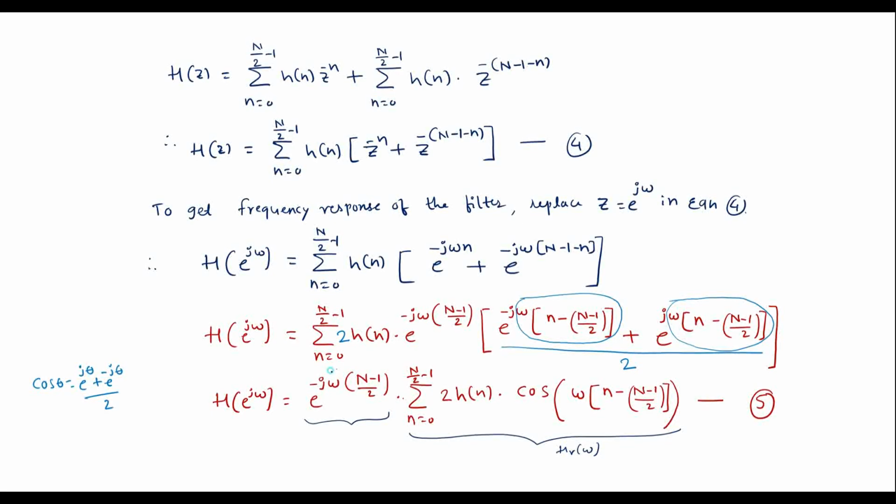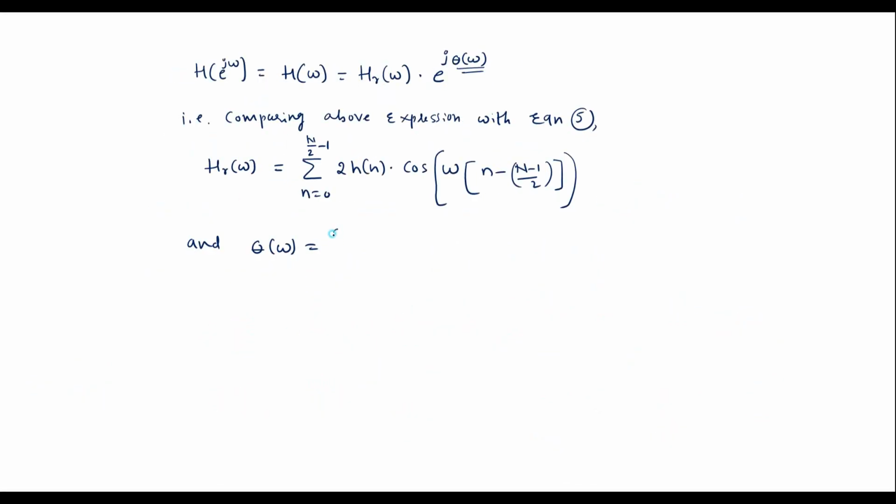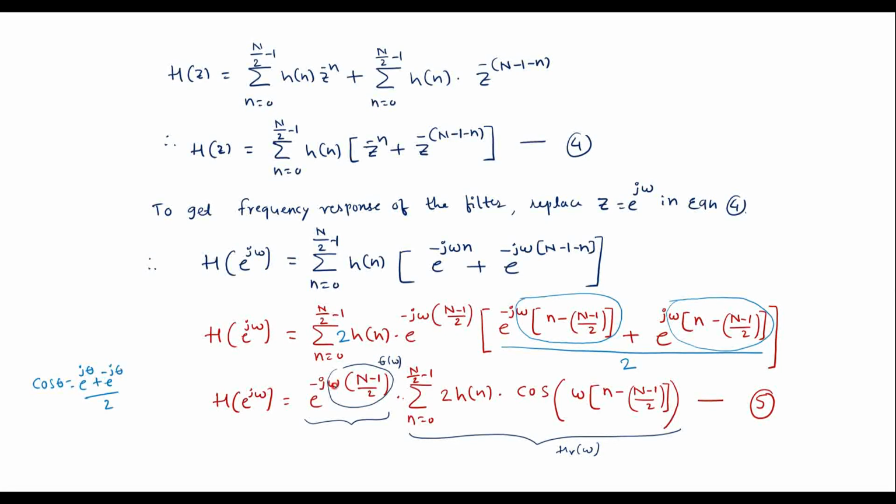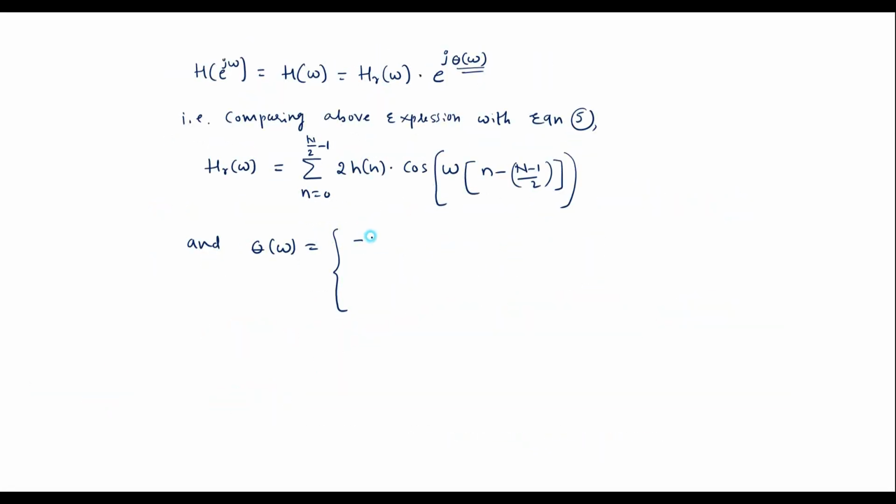So this term is theta of omega. Theta of omega is equal to minus omega (N minus 1)/2.